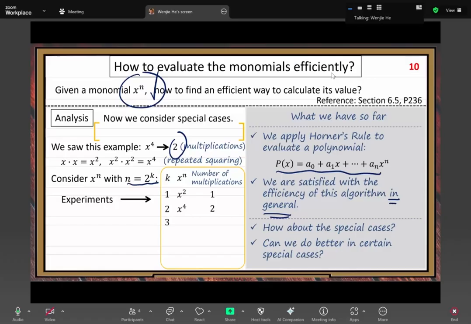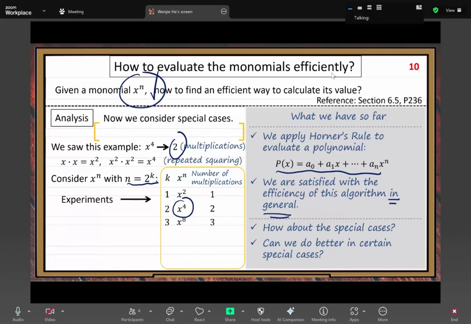When k equals 3, x to the 2 to the 3rd, x to the 8th. So you need to do another square operation on x to the 4th. Another square operation, so you need 3 multiplications.